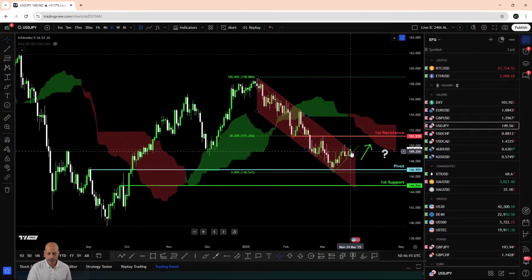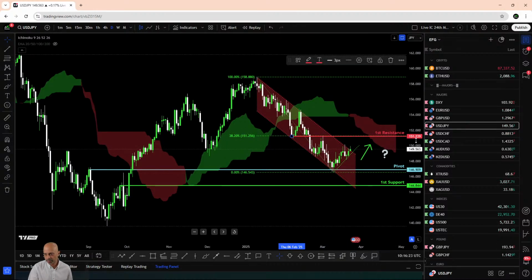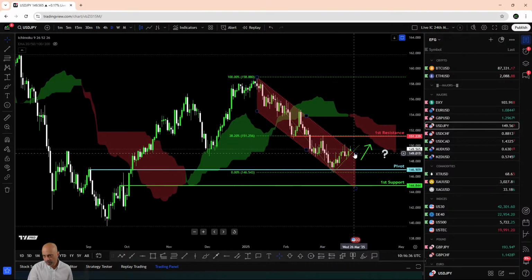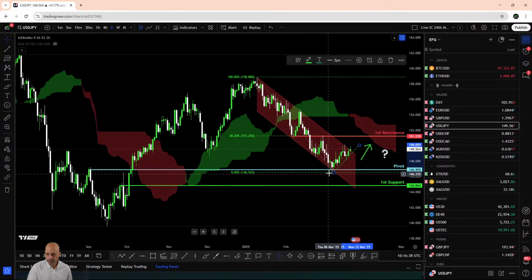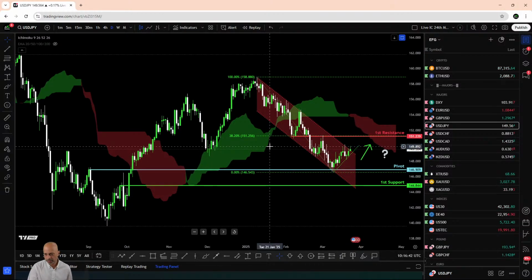However, if dollar yen manages to stabilize above the ascending trend line, it's likely to grind higher, potentially towards the first resistance at 151.23. So it's a pretty critical juncture, I would say, between support and resistance: whether it's going to make a bullish breakout above the downward channel, or break underneath this green ascending trend line and resume the downtrend.